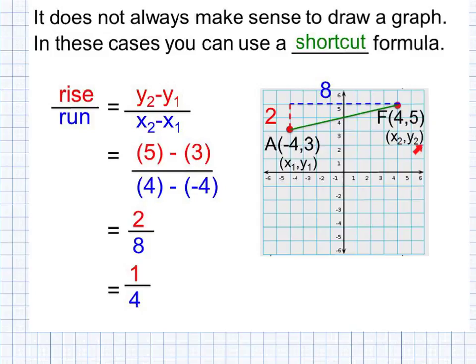And the 5 here is x2, so that goes there, and the x2 is 4, and it goes underneath. The y1 is over here, it is -4, and we have 3, so we have the 3 over the 4, that's 2 over 8, and equals 1/8.